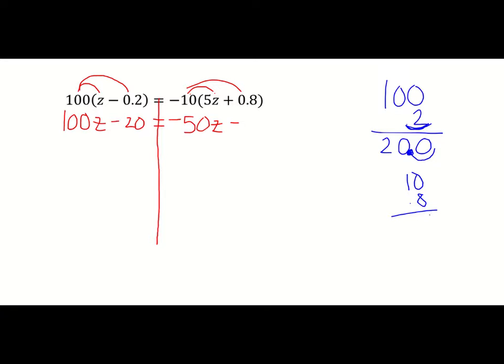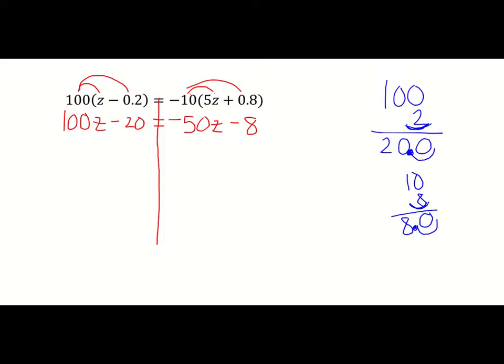So 8 times 0 is 0. 8 times 1 is 8. And when you multiply with decimals, you want to move in the same amount of decimals you had. So I had this one decimal, so I want to move in one decimal. So this would be 8.0, which is the same thing as 8.